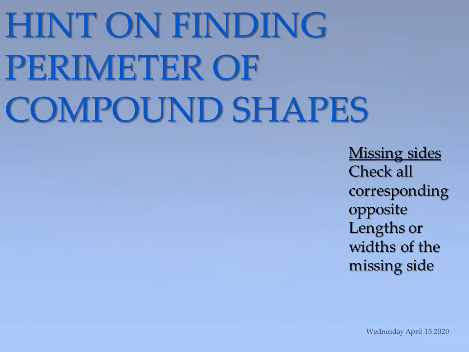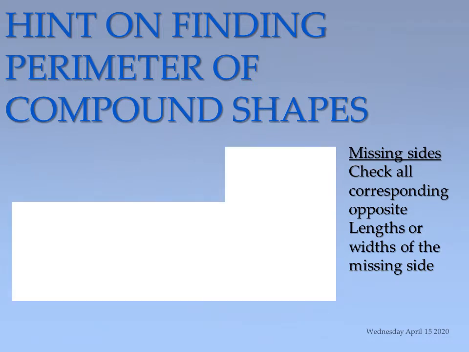All right, now let's see a compound shape now. Don't forget, a compound shape, I said, is a shape that is made up of two simple shapes. Look at this shape. We have two shapes in it. The first one is the long rectangle, and the other one is the rectangle we have here on the right side as well.